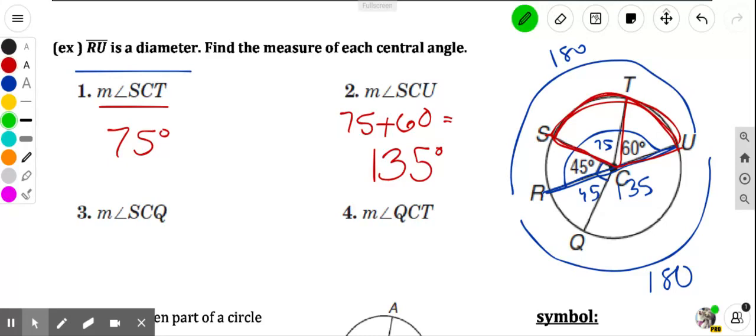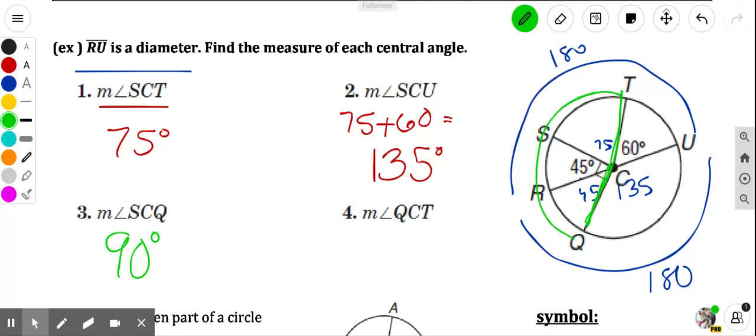I'll just use a different color. SCQ is here, so that one would be 90. And then number 4 is QCT. So remember, that's this way. It's not the opposite way. So for that one, that would just be 90 plus 75, because this is 90 and this is 75. So that'd be 165.